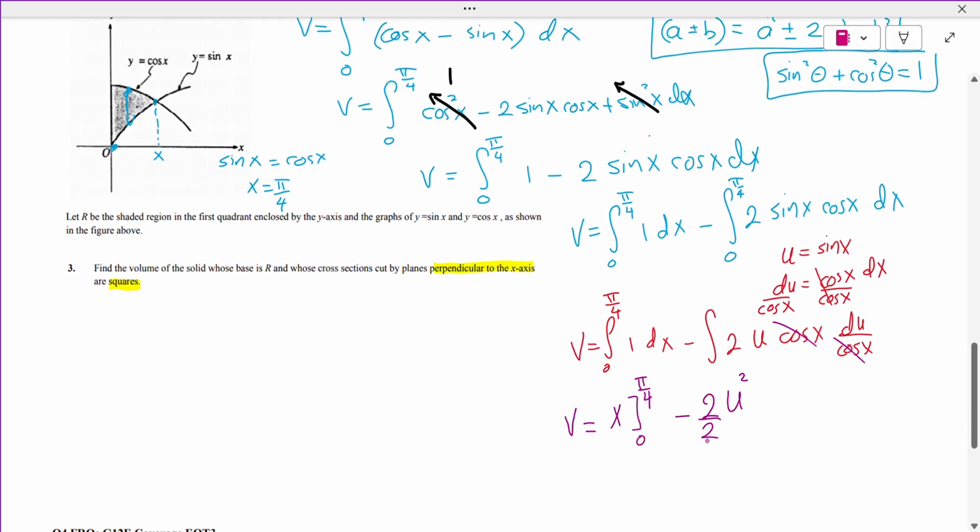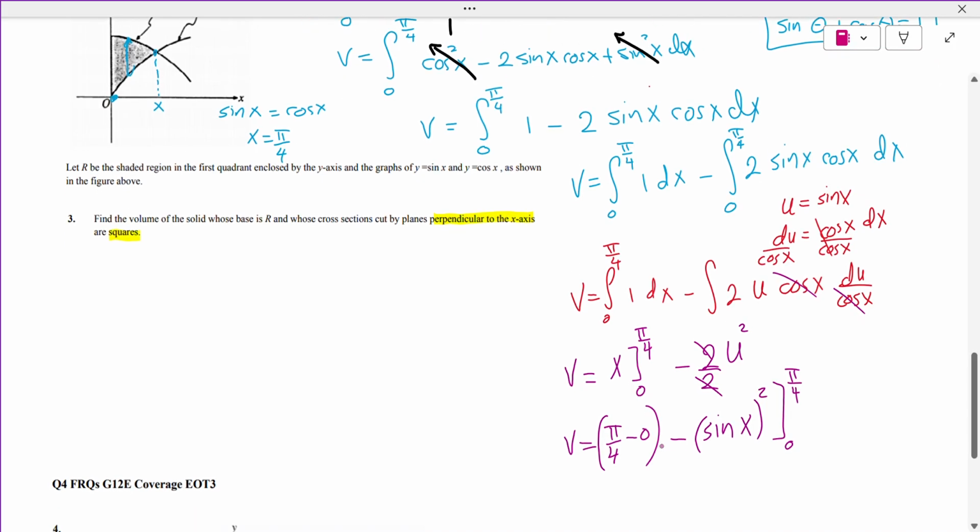So the volume equals pi over 4 minus 0, upper minus lower, minus, cancelling 2 with 2, sine squared of x evaluated from 0 to pi over 4.